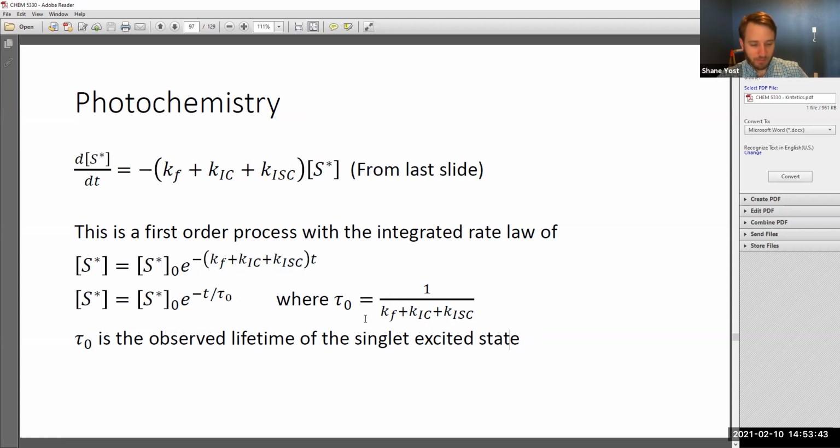That's just what the lifetime is defined as. If you were to measure the concentration of your excited state as a function of time, you would get an exponential decay, and you could fit that exponential to get the lifetime of the excited state. Questions?